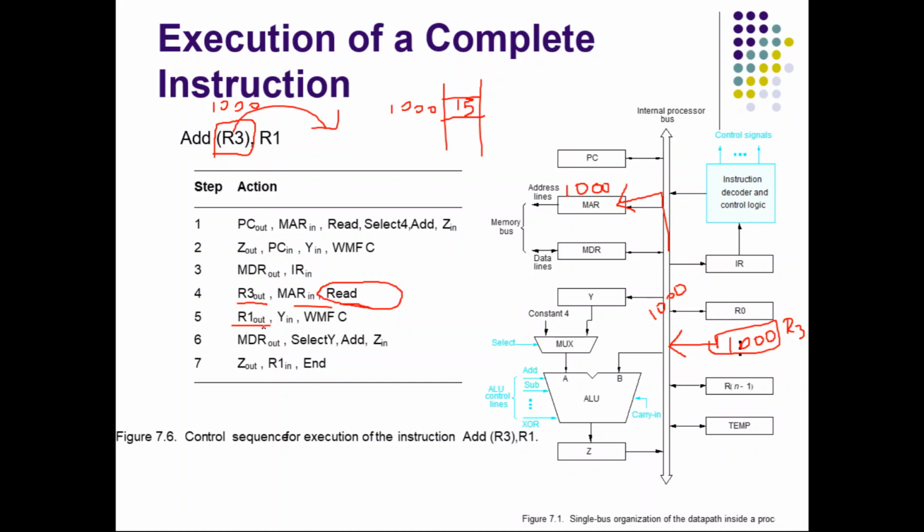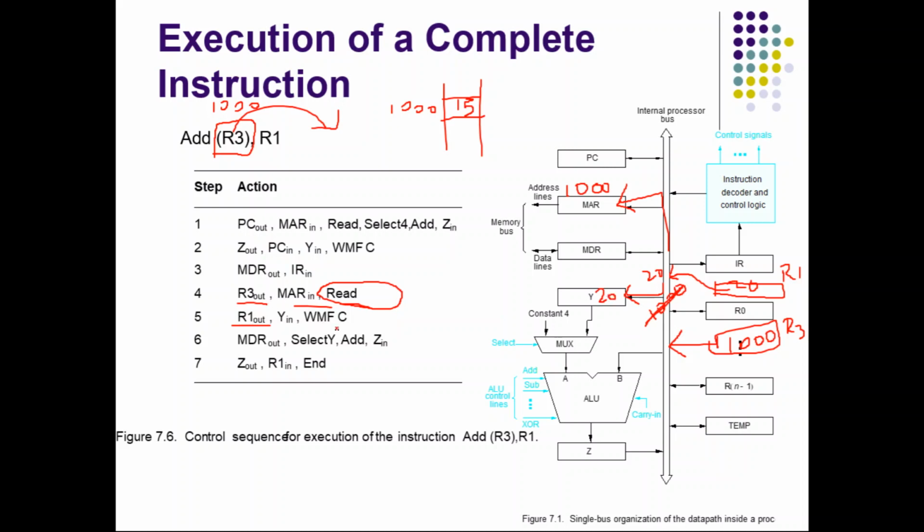R1, let us assume, contains the value 20. R1 out means this 20 will be moved to the internal bus. Then Y in means whatever is on the internal bus will be moved to Y, so this 20 will come to Y.